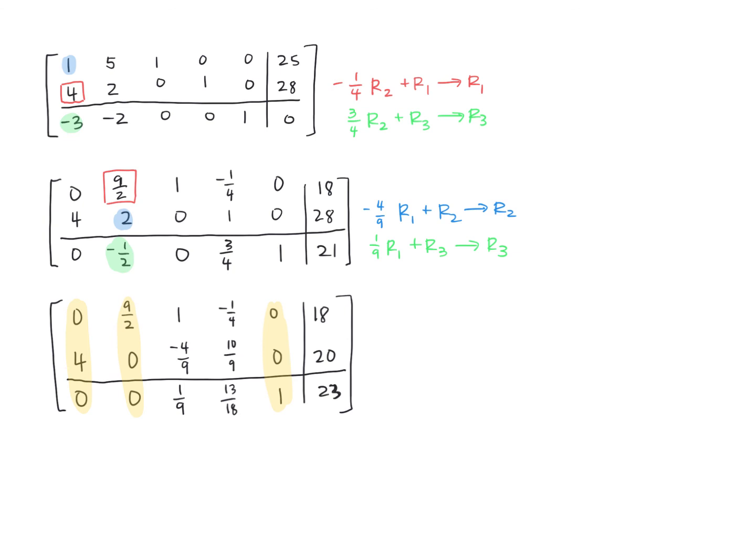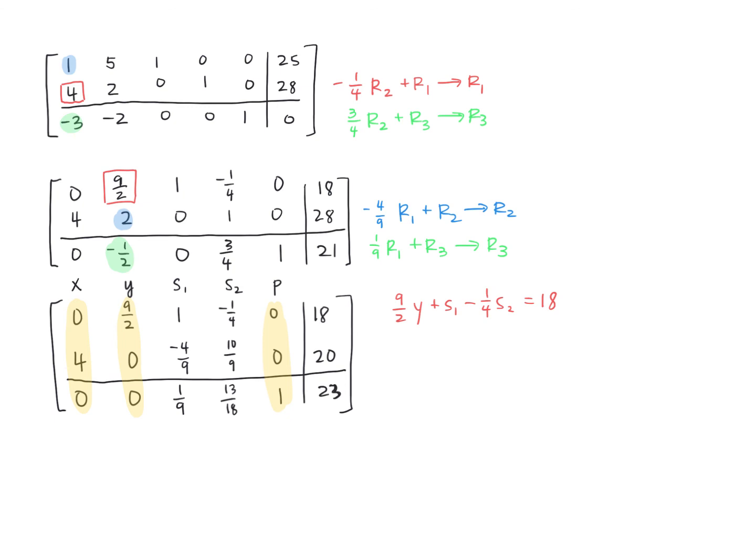Okay. So let's just see what we have here. Remember that each column represented a variable. So from the first row, we have the following. 0x, we have 9/2 y plus 1 s1 minus 1/4 s2, 0p equals 18. That's what we get from our matrix, that first row.